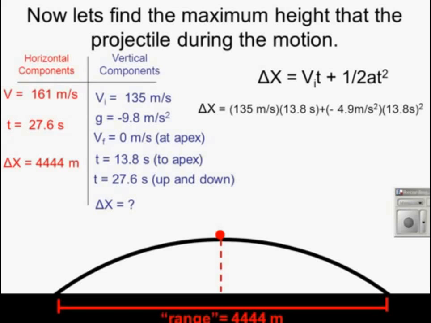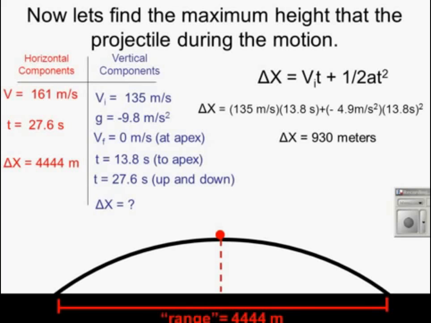And notice we're using 13.8 seconds now, because that's the time to the apex. I've already multiplied the gravity by a half. That's where I got negative 4.9. That's half of 9.8. And then 13.8 is, again, the time, and we have to square that. When you do that, you get 930 meters in the air. That ball is 930 meters in the air.